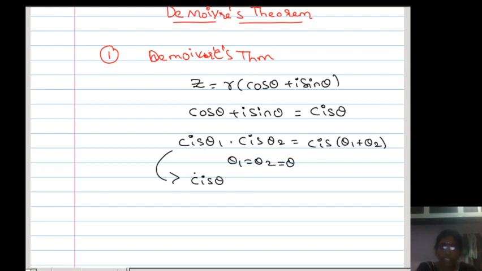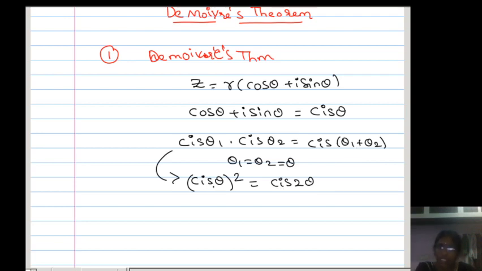Then cis theta whole square is equal to cis of theta plus theta, so I can write cis 2 theta. This relation I already discussed, but if you substitute theta 1 and theta 2 both as theta, you get cis theta into cis theta is cis 2 theta.